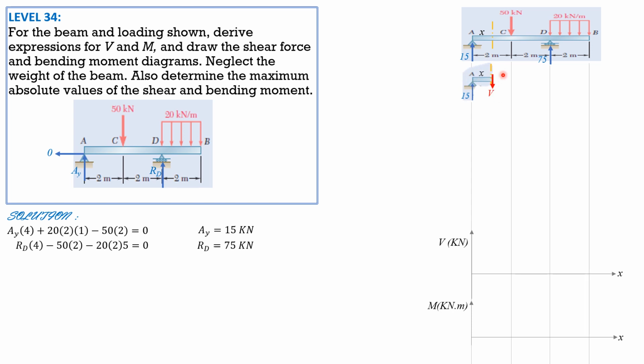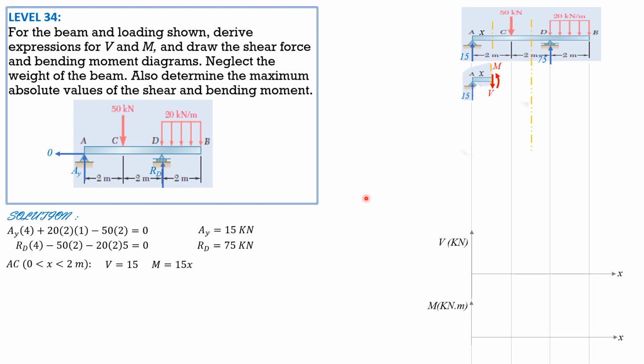So that's the shear, then moment is counterclockwise positive. So therefore, summation of forces along Y, shear equals 15. For portion AC, which is 0 to 2, shear is 15.